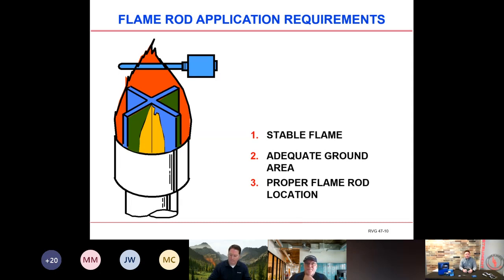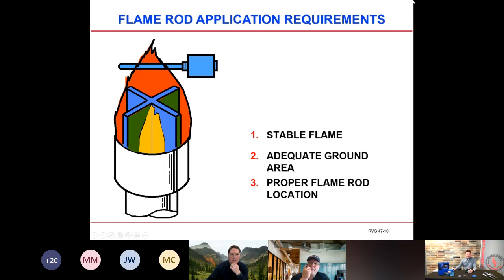You typically do not want to place the flame rod right above the flame, because if you have inadequate pressure going to that pilot or main, and you have something called a candle effect, where it's a lazy flame that maybe at low fire is adequately surrounding the flame rod, when you go to high fire, or when you change the regulator pressure, it's going to straighten out that flame, and now your flame rod is not going to be positioned in a proper location in that flame.